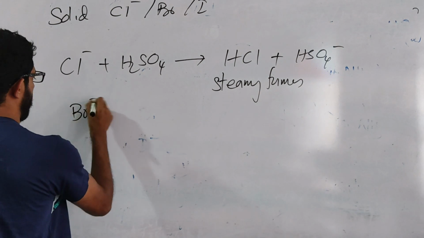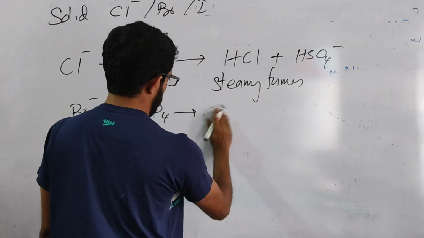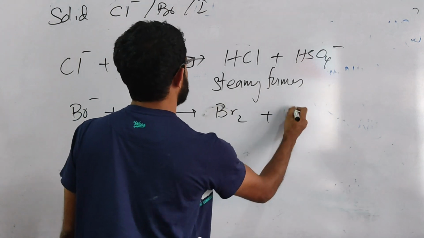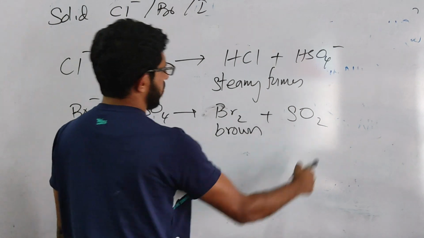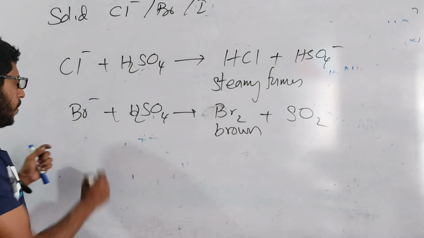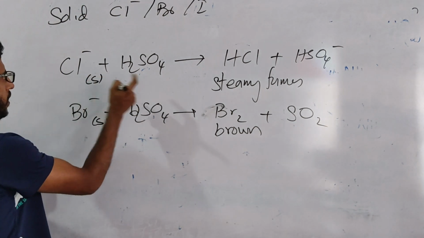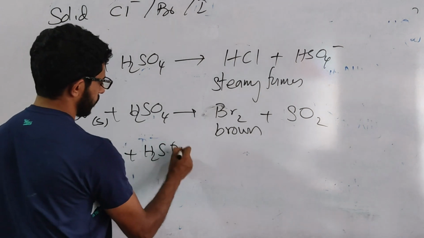When it is a bromide, it reacts with sulfuric acid to produce, as the common observation, Br2 and sulfur dioxide. Bromine is a brown vapor. Sulfur dioxide, we say it has a pungent smell, right? That's what happens when you add solid bromide into sulfuric acid. Then solid iodide into sulfuric acid.